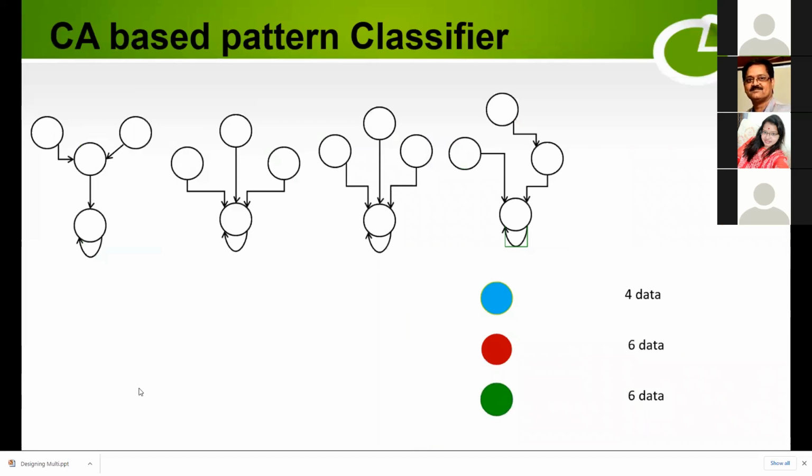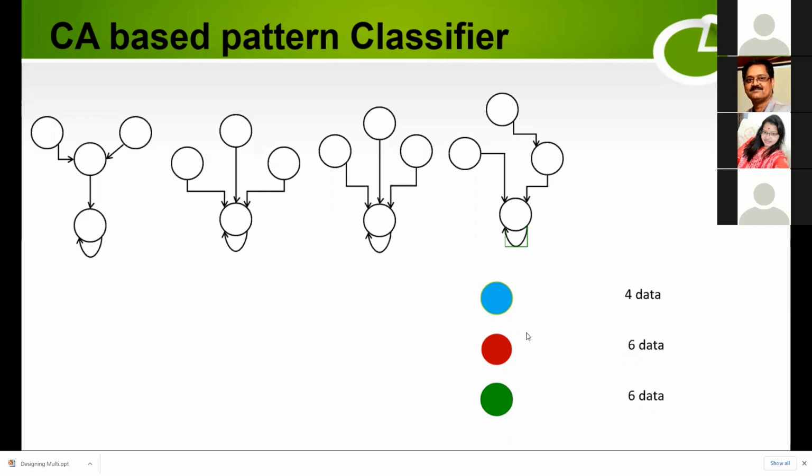Now we'll discuss the basic mechanism of how CA is used as a pattern classifier. For example, say there is a 4-cell CA with 4 attractors. That means the maximum number of classes that can be represented by this CA is 4.